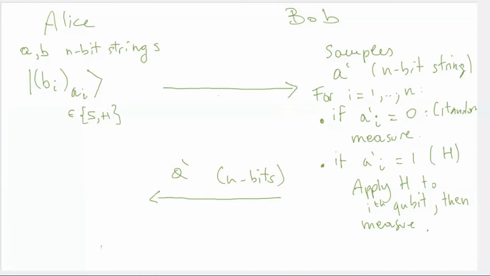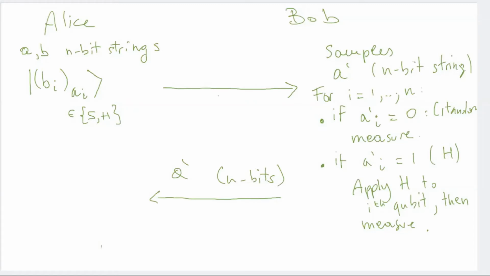But don't they have to check whether the qubits have been tampered with? There's some subset of the n bits, probably n over 2, of the basis choices that will match between Alice and Bob.